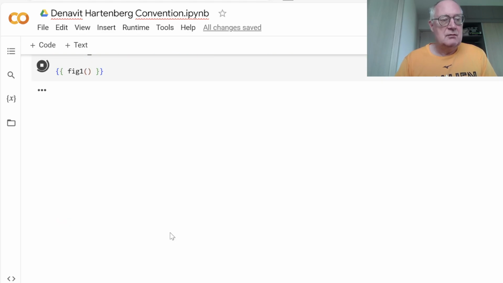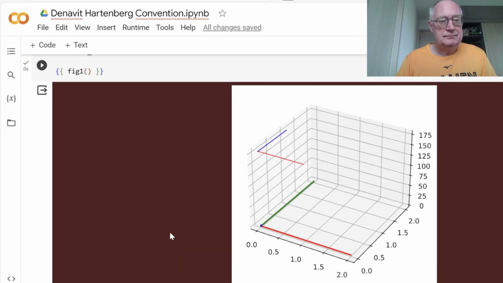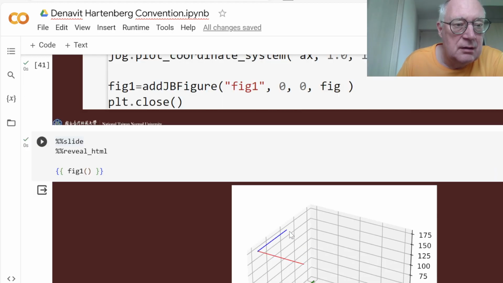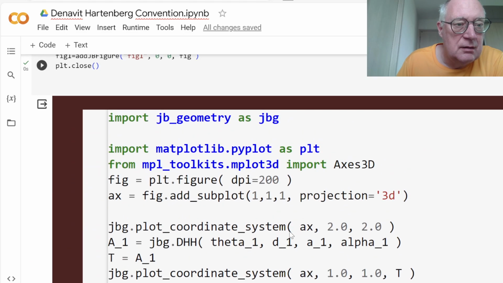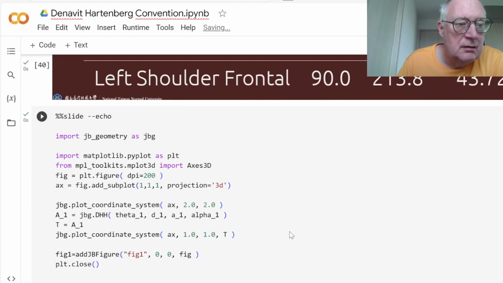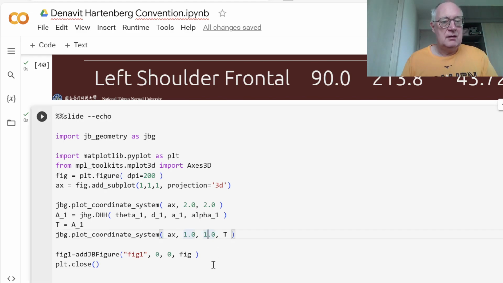And then let's see what that looks like. X, Y. I don't know why Z. Okay, maybe make it thicker.